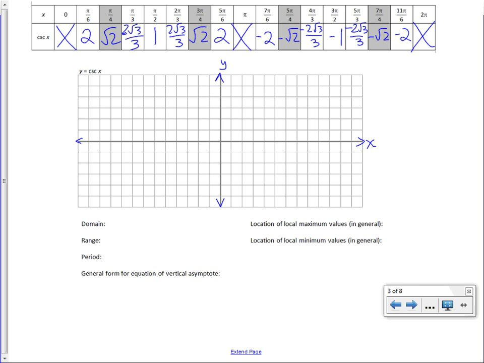So 12 squares equals 2 pi, 3 squares equals pi over 2. 6 squares, pi. 9 squares, 3 pi over 2. 12 squares, 2 pi. And if I go in the negatives, it'll be negative pi over 2, negative pi, negative 3 pi over 2, negative 2 pi.